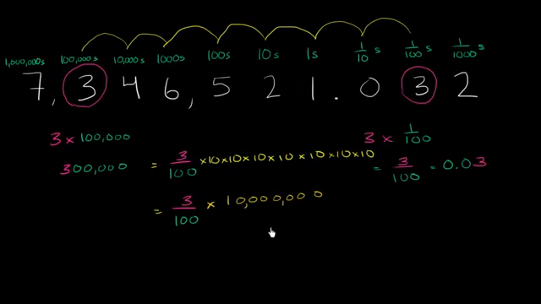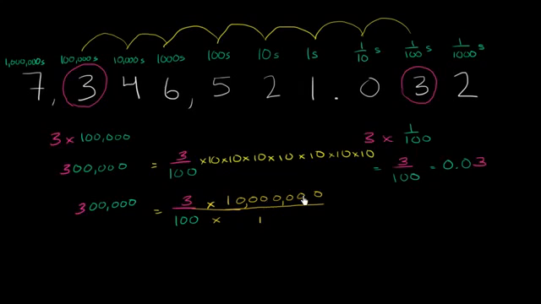So let's see if this actually is the case. Does this actually equal 300,000? Well, dividing 10 million by 100, you could say in the numerator you have 10 million and the denominator you have 100 if you view this as 3 over 100 times 10 million over 1.